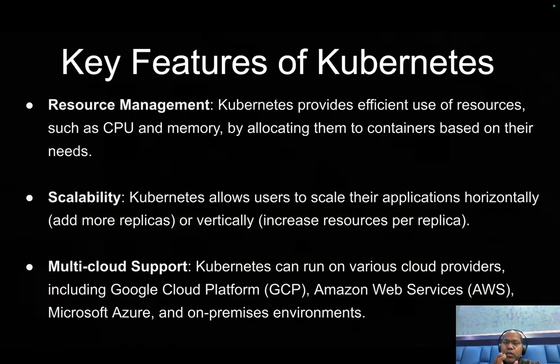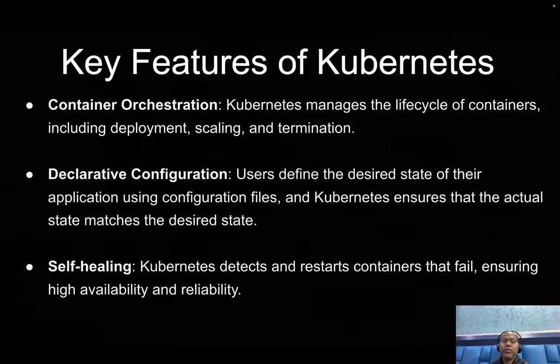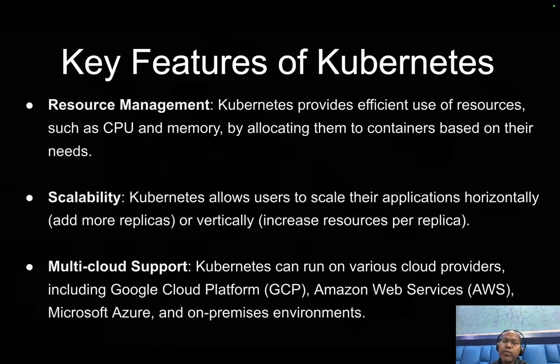So these are the basic key features. There are lots of features of Kubernetes, but surely these are the key features we have to memorize, like scaling and resource management, container orchestration, and also self-healing and declarative configuration.